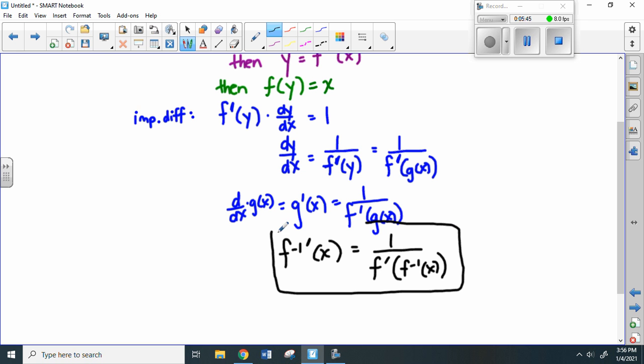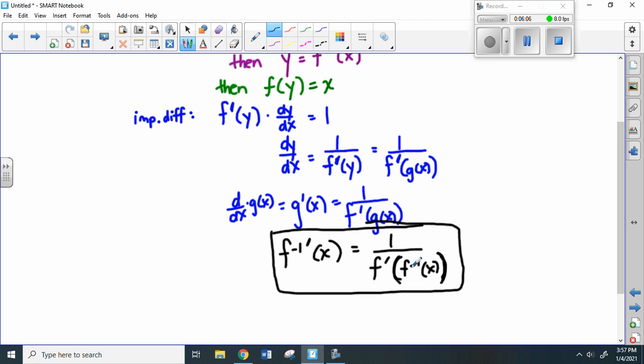This is something you will want to keep in the back of your mind. If you want the derivative of the inverse of f, then you can technically jump straight to 1 over the derivative of f with the inverse of f inside.